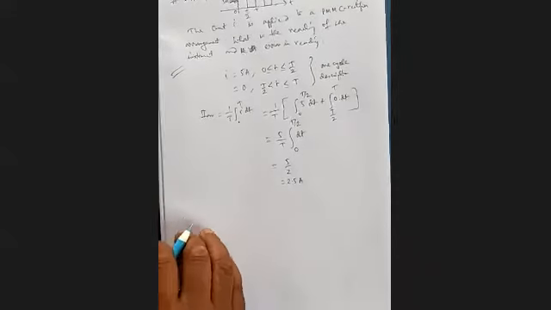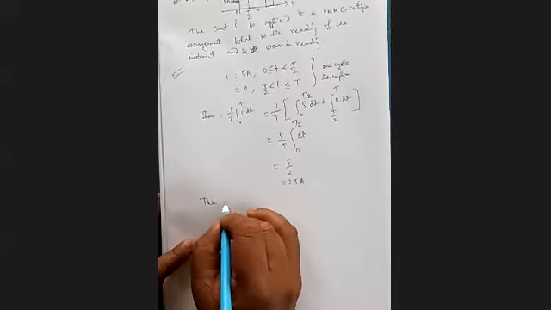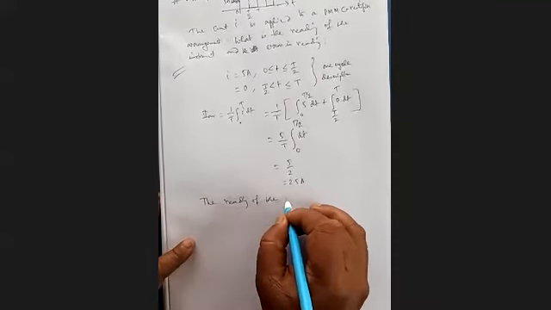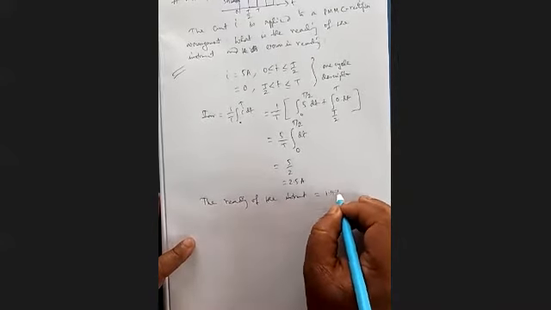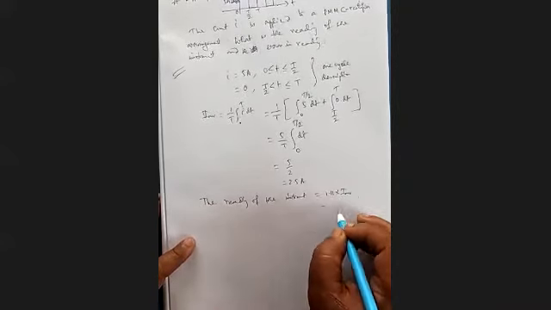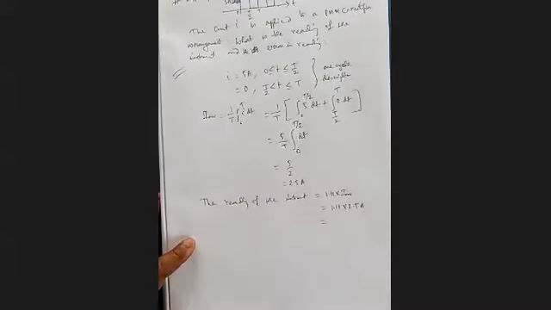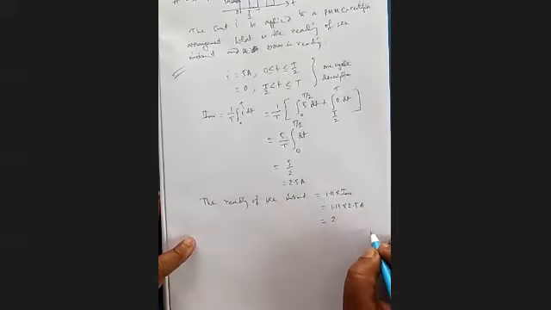Now, the instrument reading is what? The reading of the instrument is equal to 1.11 into I average. So 1.11 into 2.5 ampere. So it is coming something like 2.775, I think.